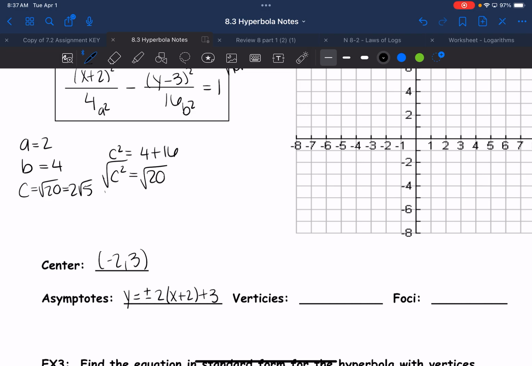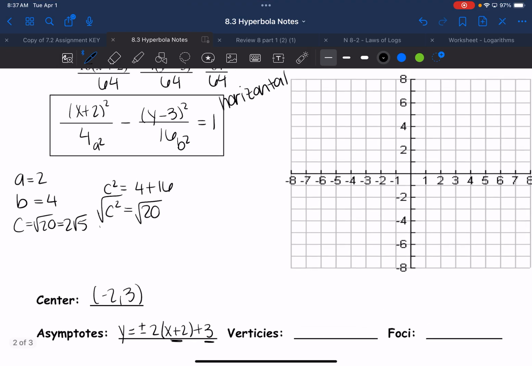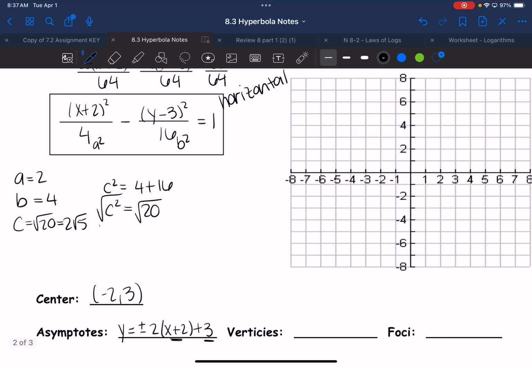All right, if you want this in slope-intercept form, we could distribute, right, and then combine like terms if we wanted to. Or you can just remember, okay, this is a shift from 0, 0, right? Whichever way you want to think of it. So I'm going to go ahead and plot my center, which was at negative 2, positive 3.